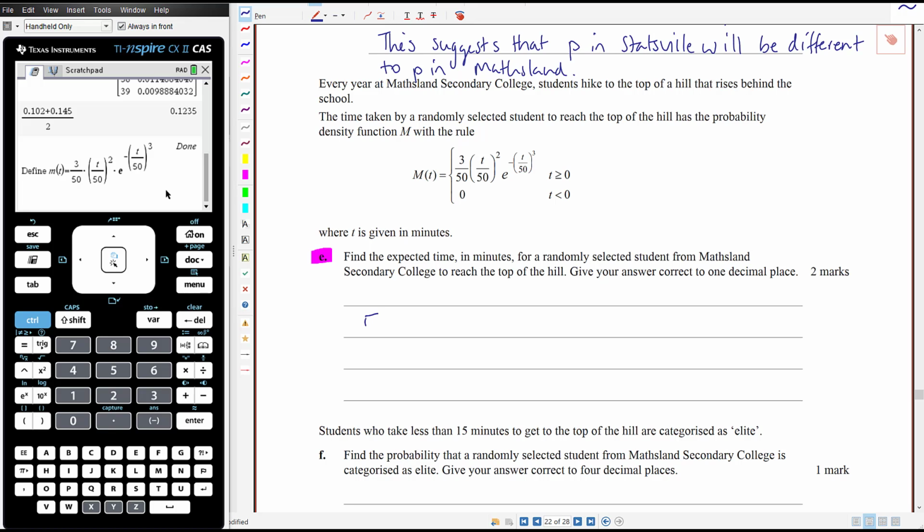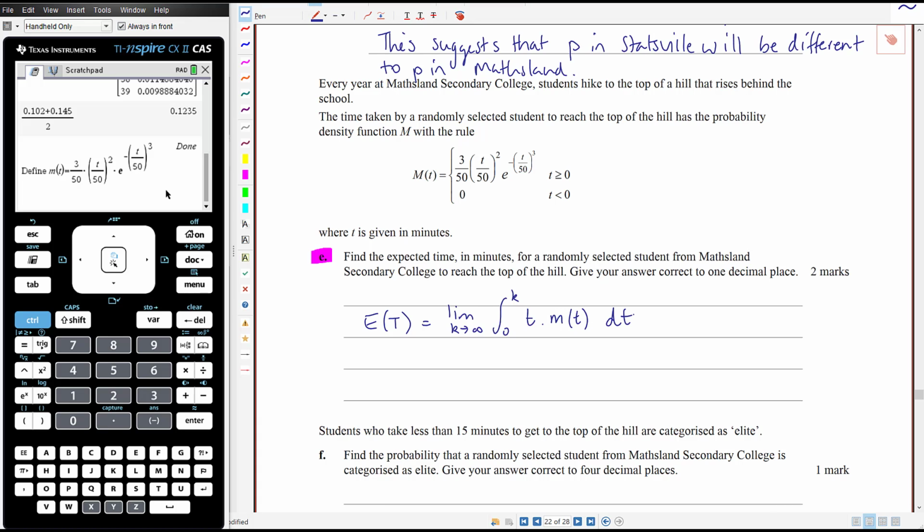Okay, so the expected time is going to be the integral from 0 to, your CAS is fine if you write infinity there, it's not strictly correct. So I'm going to write it as the limit as k approaches infinity, integral from 0 to k of t times m of t dt.